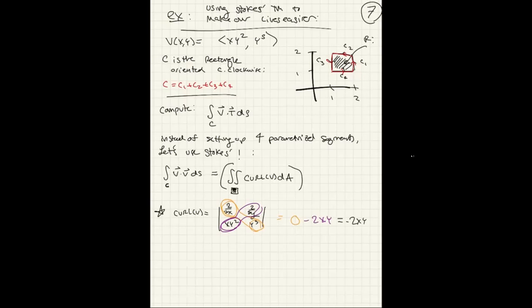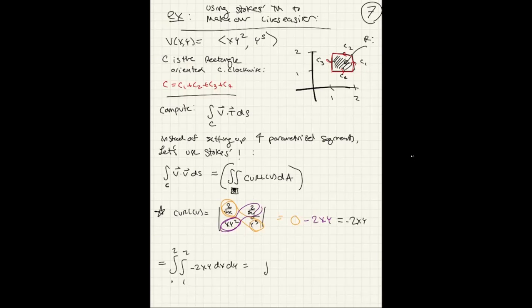And so now we're looking at the integral of negative 2xy over my square. But that square is really easy to describe. That's 1 to 2, 1 to 2, isn't it? 1 to 2, 1 to 2, dx dy. And now this is totally doable. This is a totally fair integral. I guess I'll do the x first. So I'm going to pull that negative 2.